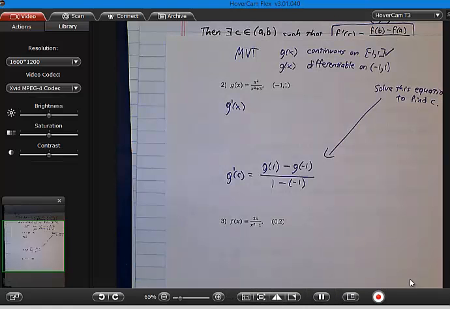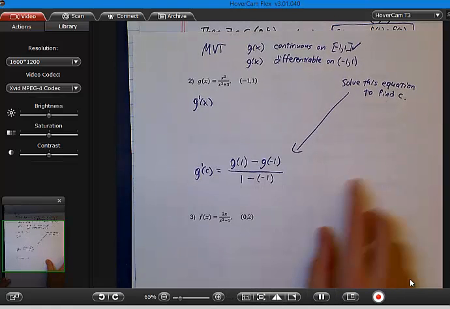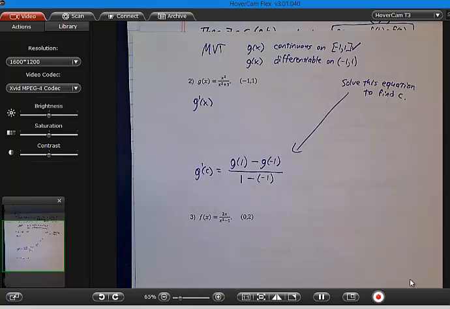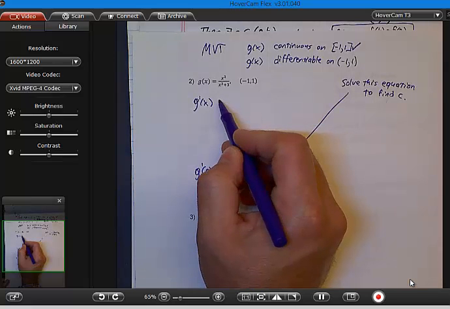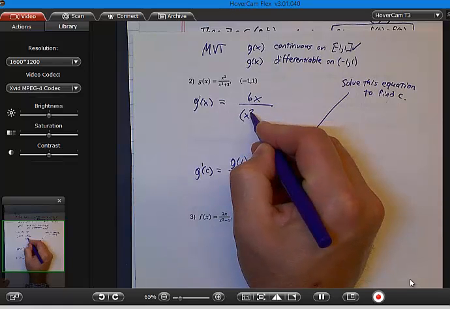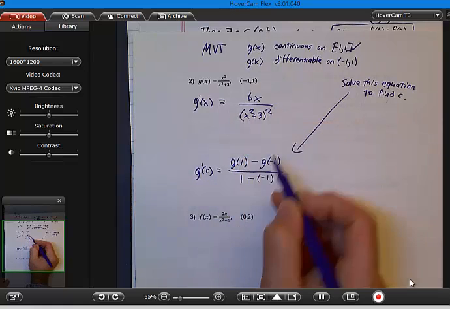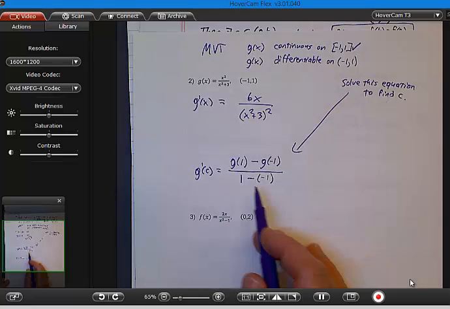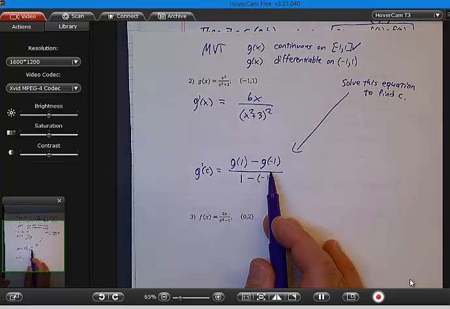So yeah, we're supposed to basically solve this equation. What did you guys get for g prime of x? 6x over x squared plus 3 squared. Okay. And then when you guys did g of 1 and g of negative 1, aren't they the same?